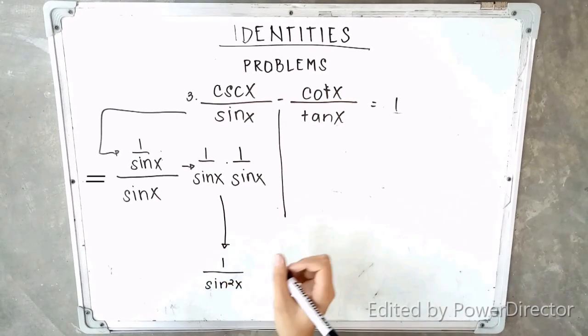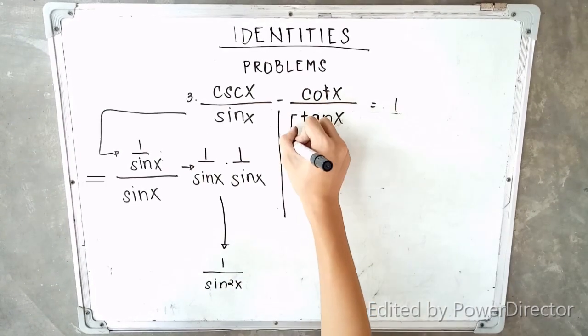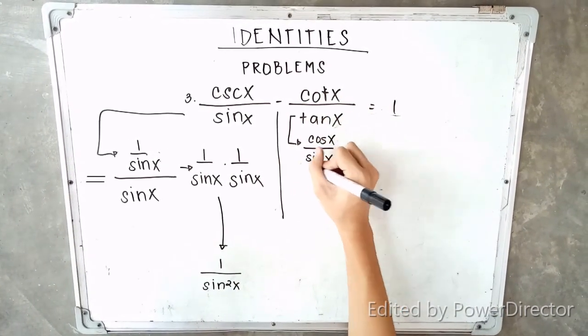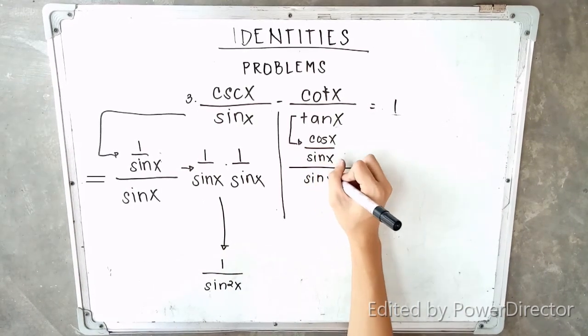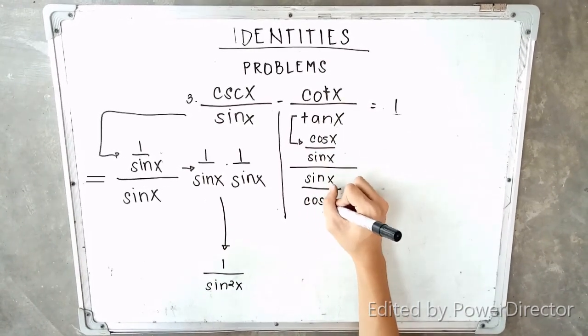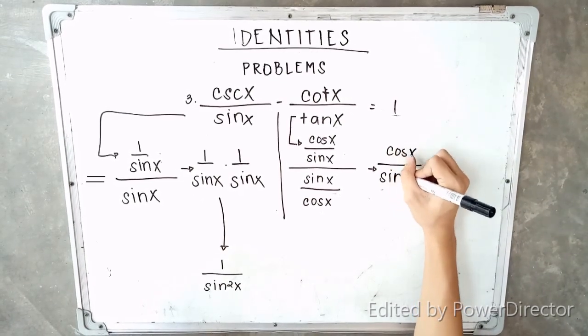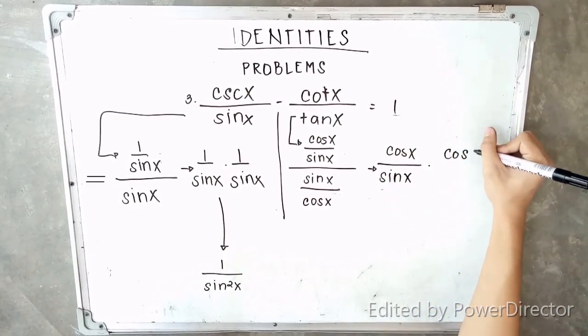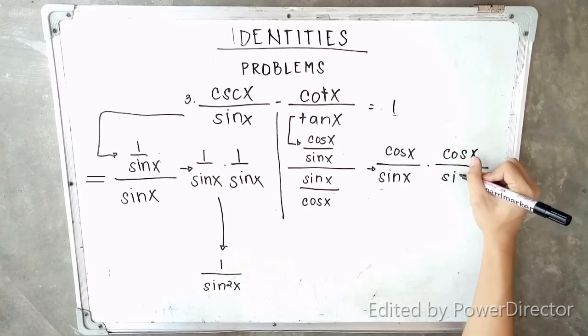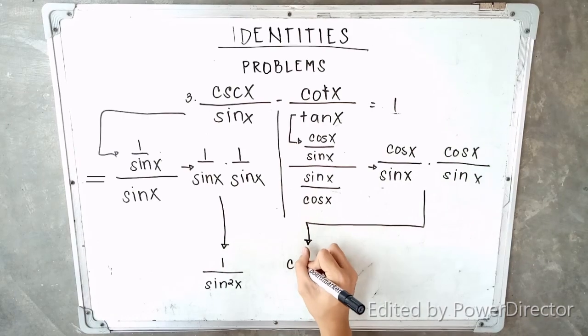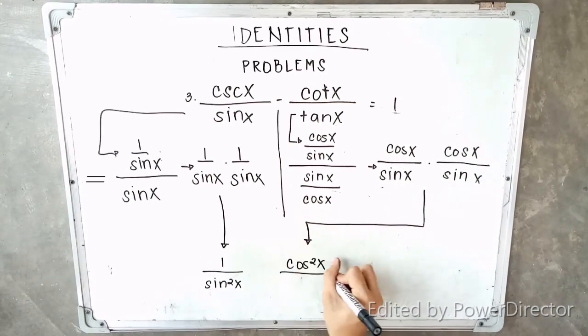Going back to cotangent x over tangent x, convert it into cosine x over sine x divided by sine x over cosine x. Multiply cosine x over sine x to the reciprocal of sine x over cosine x, which is cosine x over sine x, and we would get cosine squared x over sine squared x.